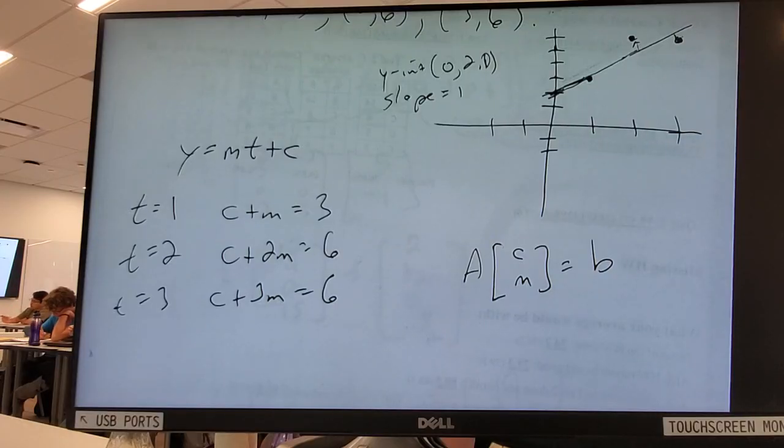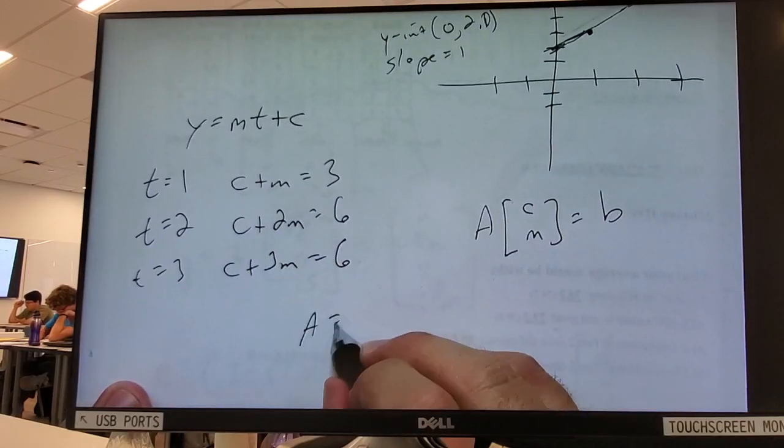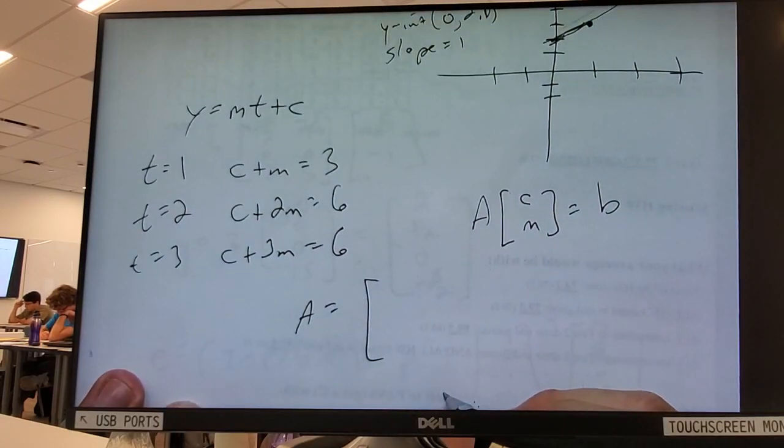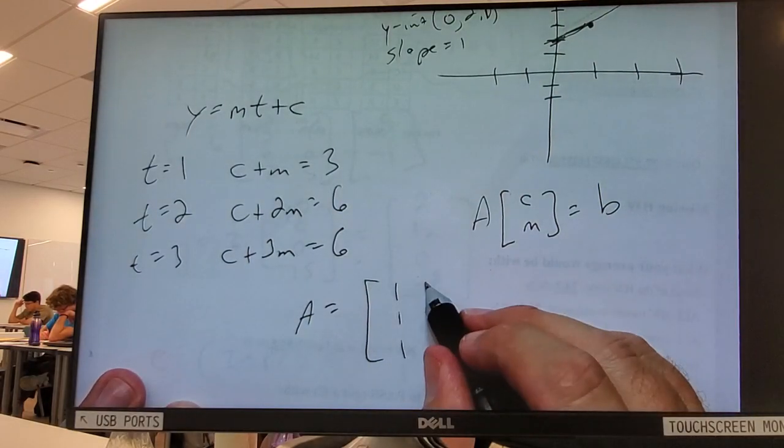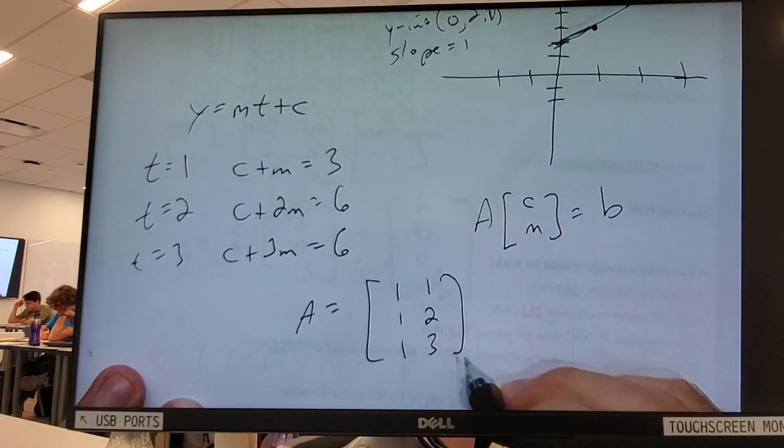Again, just a system of equations. That's the first level of throwing things into matrices. That's the most basic thing matrices do, is solve those for us. What is A? One, one, one, 1, 2, 3.